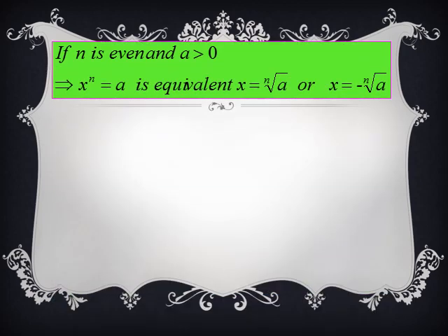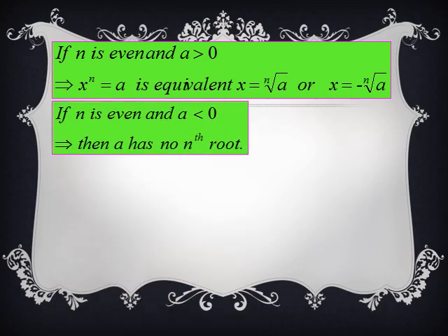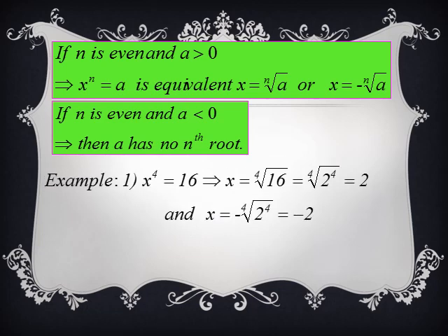So minus 2 is the answer. If n is even and a is greater than 0, then x power n equals a is equivalent to x equals radical a index n or x equals minus radical a index n. If n is even and a is negative, then a has no nth root. Example: x power 4 equals 16.